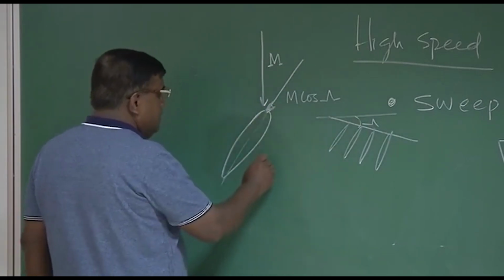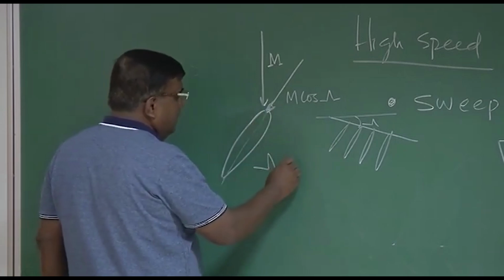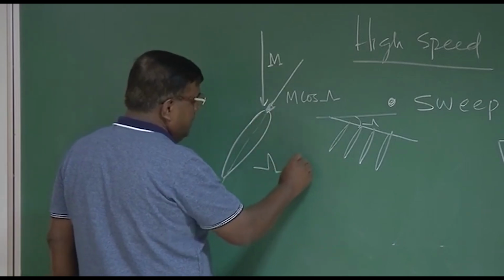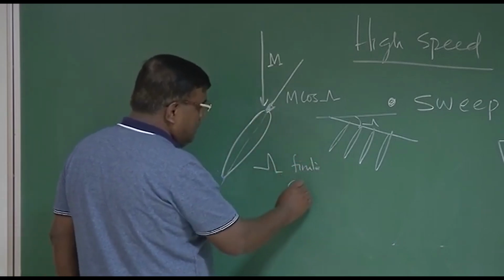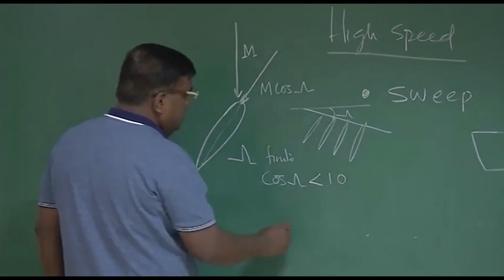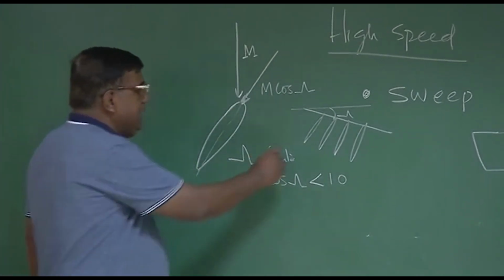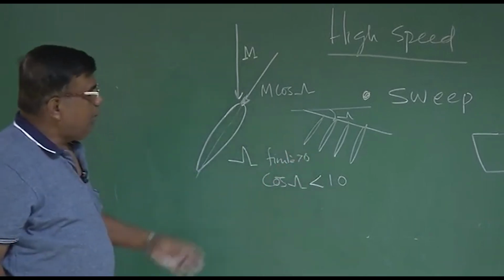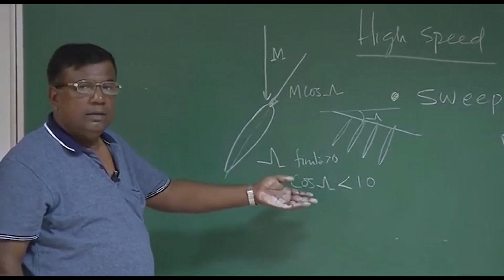Now what will happen? For lambda finite, cos lambda is less than 1. That is, if lambda is finite and greater than 0, then cos lambda will always be less than 1.